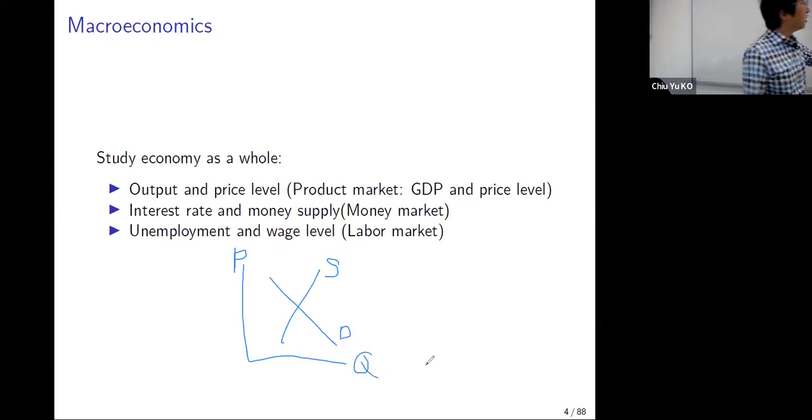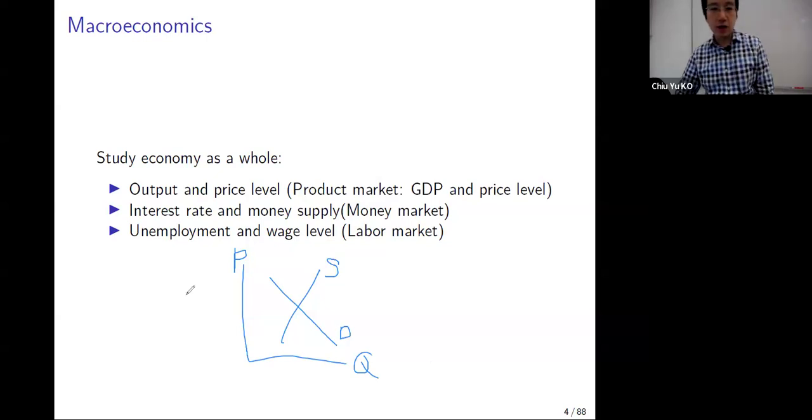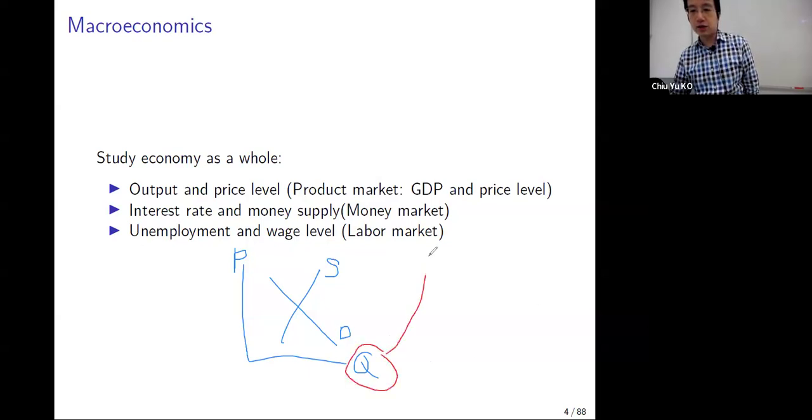This is the framework that we learn for a particular market. In macro, we're trying to reproduce this, but looking at the aggregate, adding up the whole economy. Then the Q will be just GDP, and the price level will be the CPI, those things.